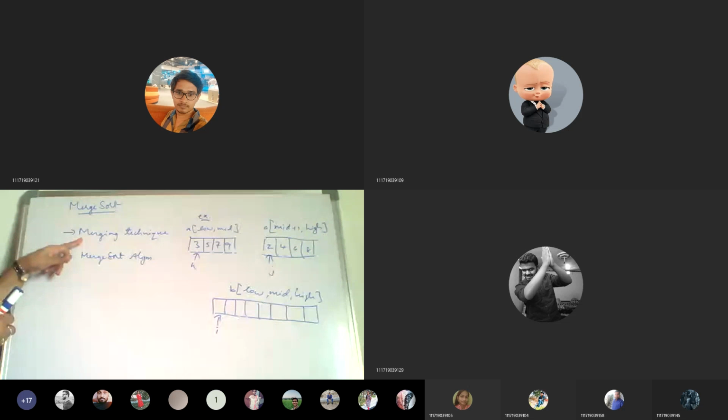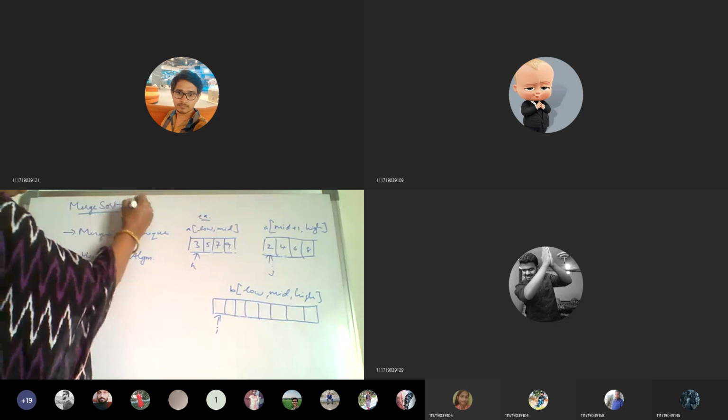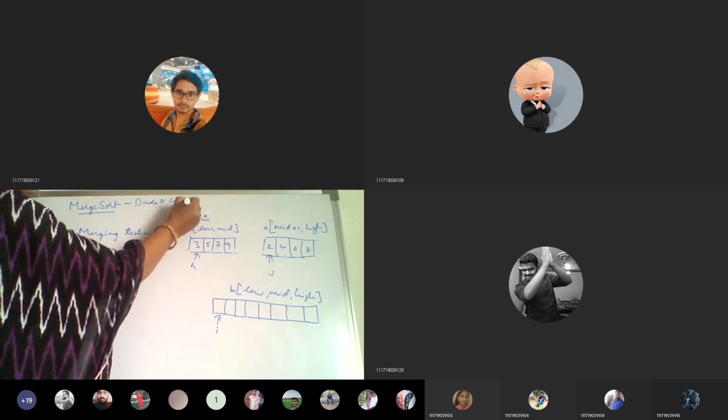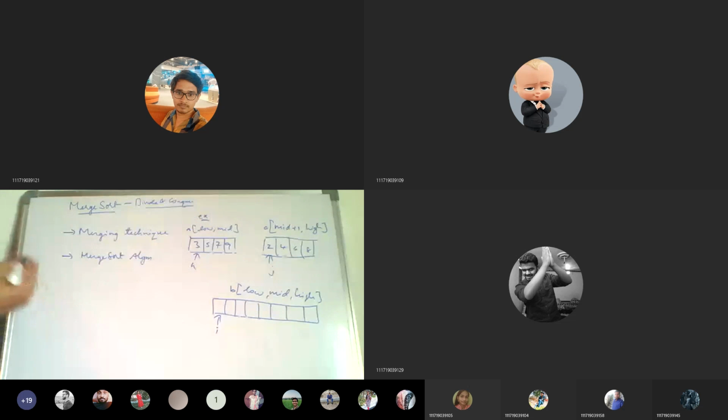So first let's see the merging technique. Then we'll see the merge sort algorithm, which in turn will call the merge technique. We are learning this under the divide and conquer method.